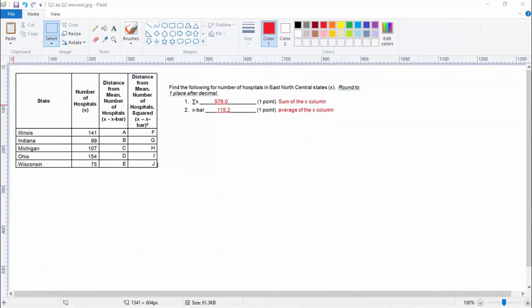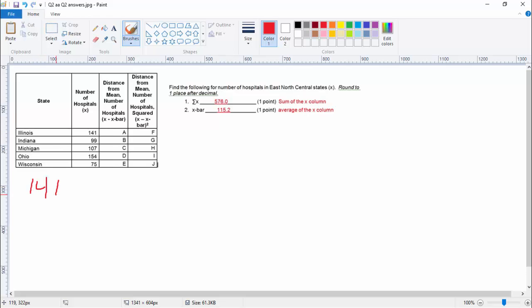All right, so I just thought I'd show you these answers filled in over here. See that this is what you should fill in, because we figured that out. But now we can turn our attention to the table and filling the table. So let's look at A. That's supposed to be x minus x bar. So what is x minus x bar? Well, for A, the x is 141, right?